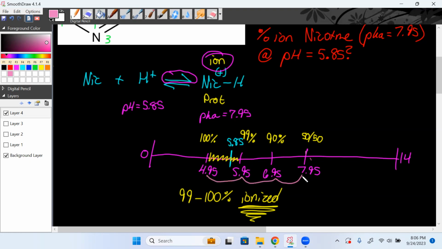So this would be 1 jump, a second jump, and 3 jumps. So what would have helped is if I did this in 3 colors, right? So here's my pKa, here's my 3 jumps, and then here is my pH. I would include 50 to 90% if my pH fell within this range, within this quadrant. So it depends on where your pH is falling.